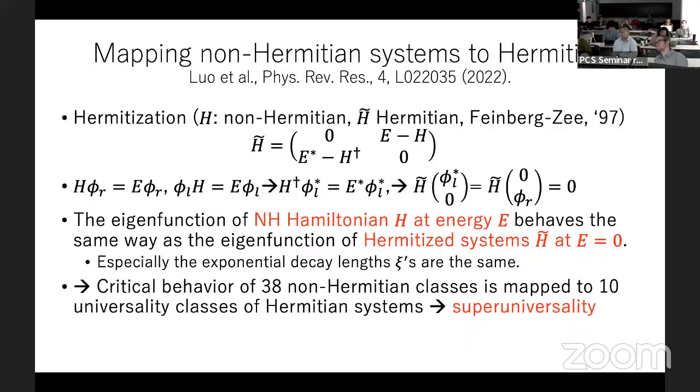The hermitization is done by taking this block and this block separately with 0 on the diagonal. E star is a complex conjugation, H dagger is the Hermitian conjugate, and H tilde itself is now Hermitian.